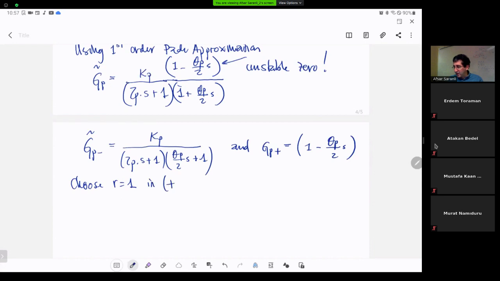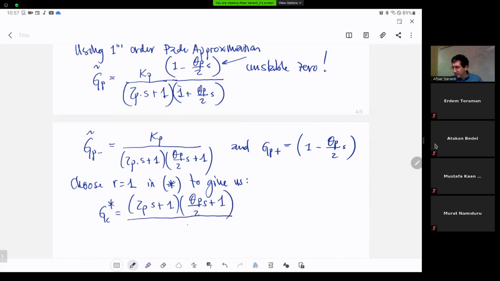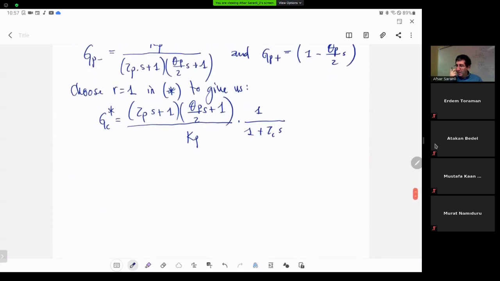This in star gives us the GC star expression, which is going to be (tau p s plus 1) times (theta p over 2 s plus 1) over kp times 1 over (tau 1 plus tau c s).